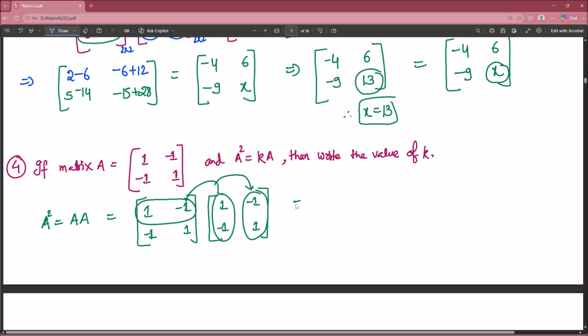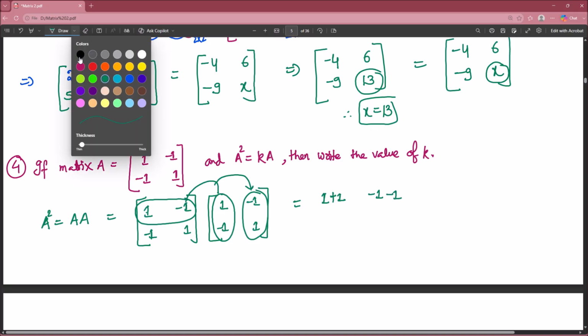So 1 into 1 is equal to 1, then minus 1 into minus 1 is equal to plus 1. Now next, 1 into minus 1 is equal to minus 1, and minus 1 into 1 is equal to minus 1.